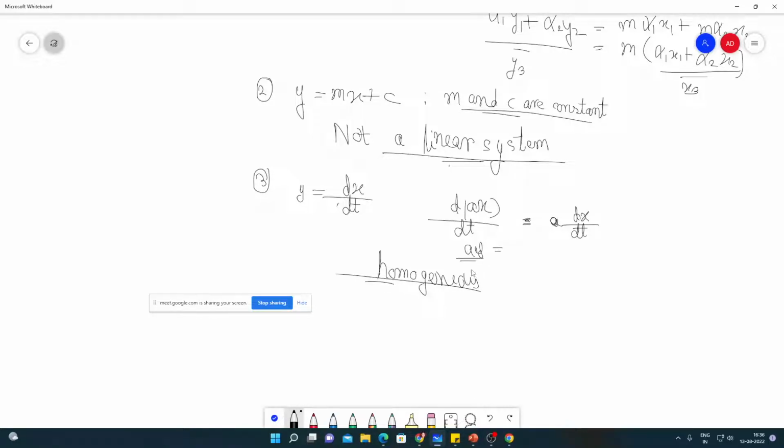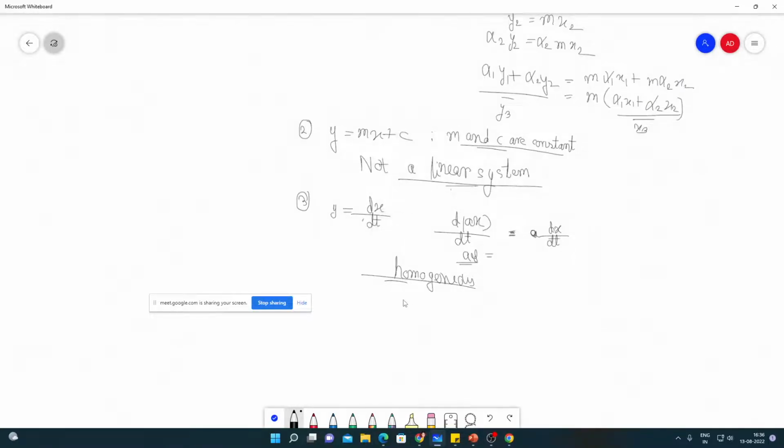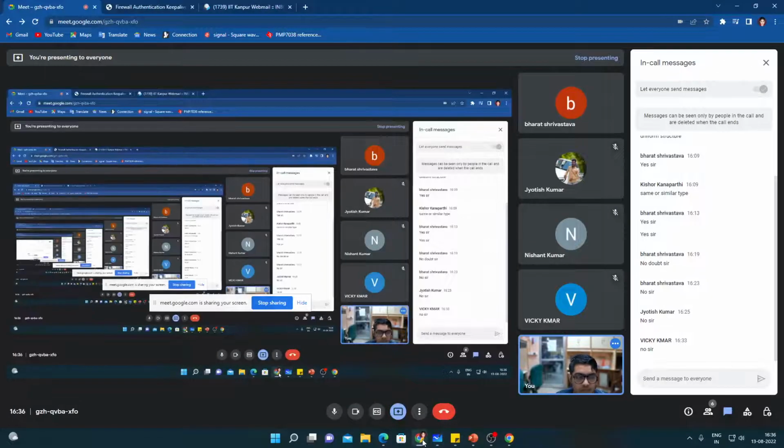Now, does it satisfy the property of superposition? Do it in the same way. No hurry. Just take two inputs and corresponding outputs, multiply with two different scalars, add them, and see if it's a function of the linear combination of the inputs.